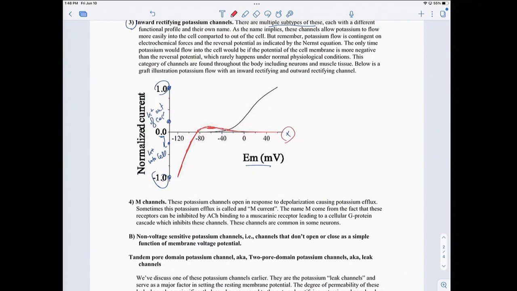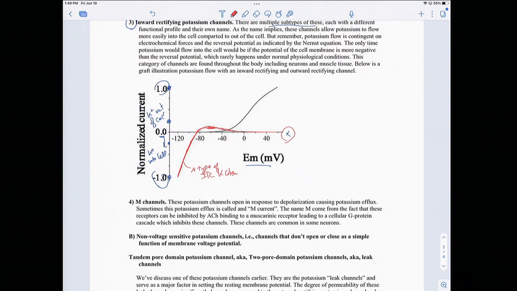This red function is going to be a type of inward rectifying potassium channel. Many, many subtypes, but this would be a trace of one type of inward rectifying potassium channel.